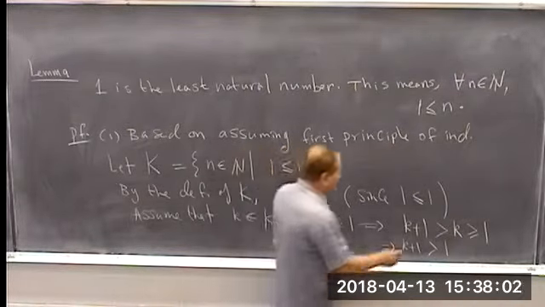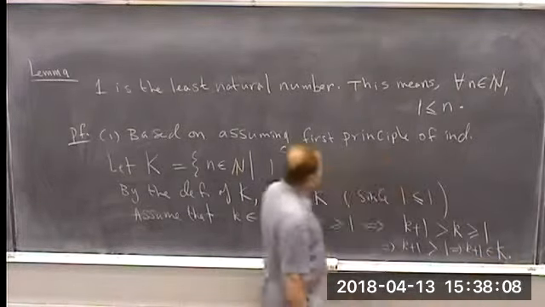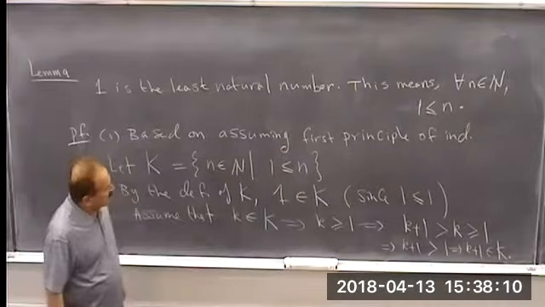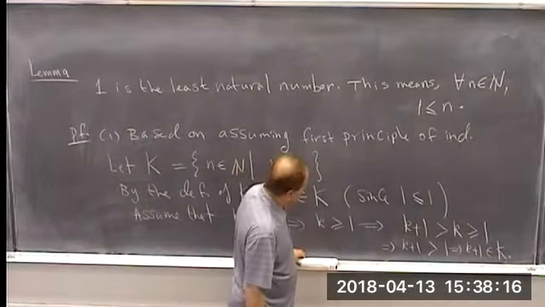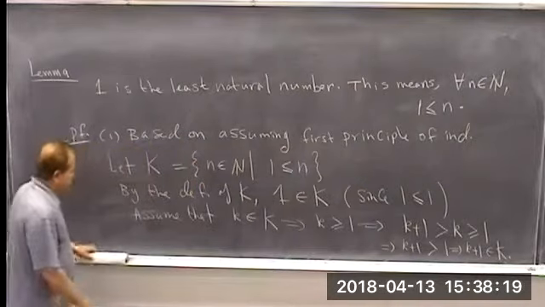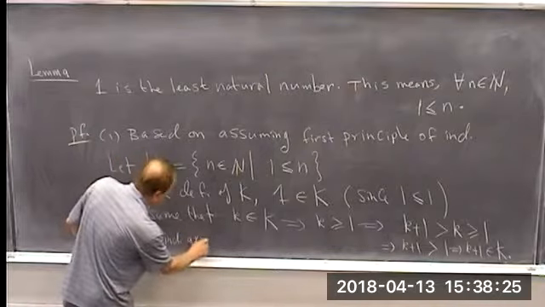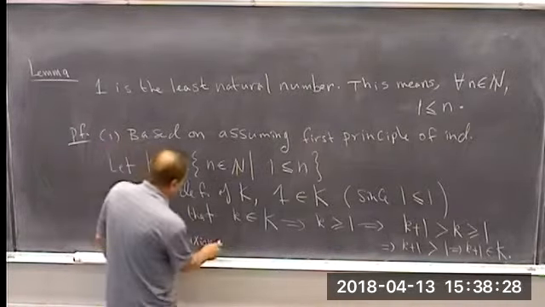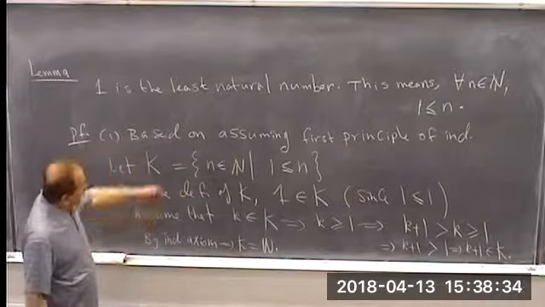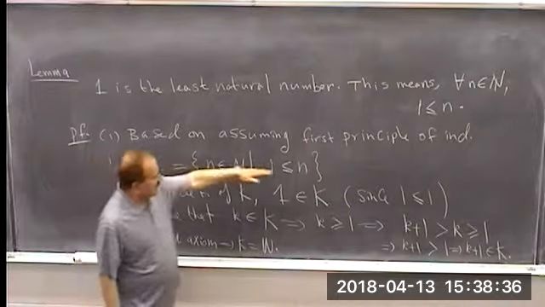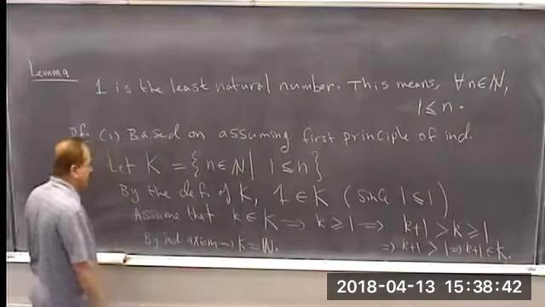So which makes k plus 1 in K, because it does satisfy the defining condition of the set K. And now by the first principle of induction, or the induction axiom, this implies K is equal to N. And if you look at how K is defined, as those natural numbers bigger than or equal to 1, it means that this statement is true for every natural number.